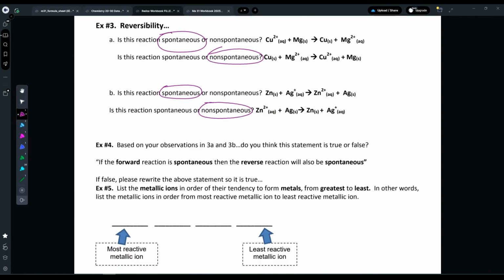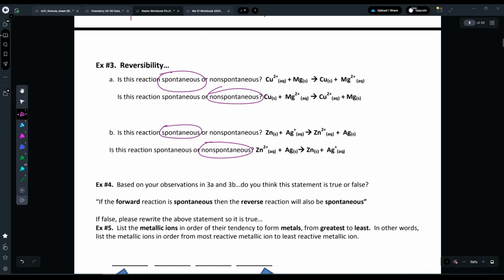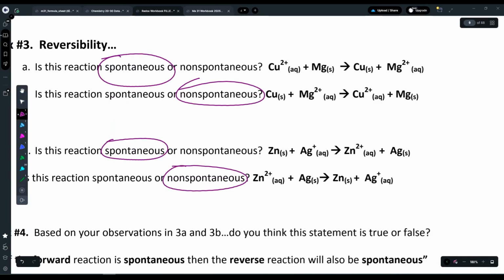All right, so based on our observations in question 3A and 3B, do we think this statement is true or false? If the forward reaction is spontaneous, then the reverse reaction will also be spontaneous. Well, let's look at these again. For the spontaneous reaction, the products that we got out of it were the reactants for the next reaction.